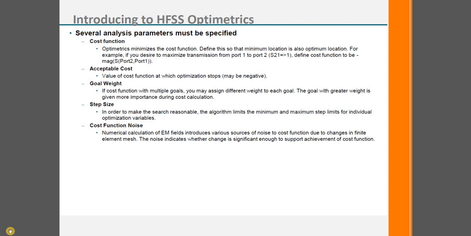These are the several analysis parameters that should be specified to run the optimization in HFSS. So you need to know about each of these parameters and define them in your optimization window, and then you can run the optimization and see if the result satisfies your design or not.